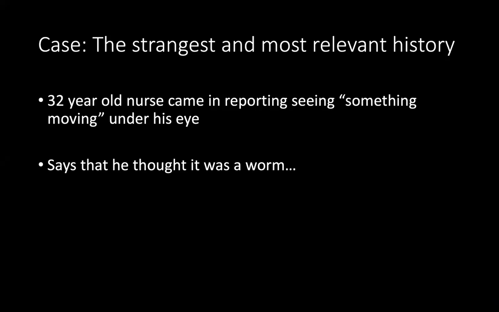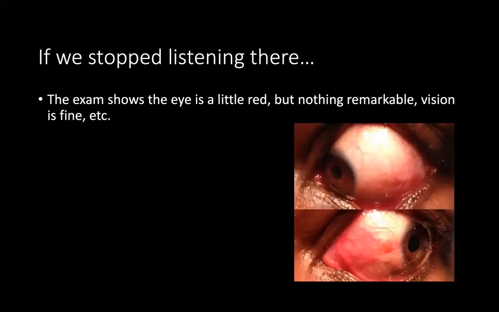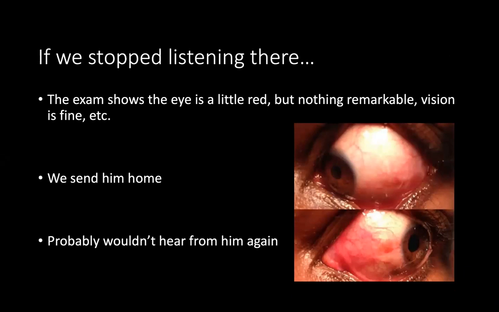He says that he thought it was a worm, okay? That's strange. So if we stopped listening there, the exam shows that the eye is a little red, nothing remarkable, certainly no worm, the vision is fine, et cetera, et cetera. But it is a little strange. We send him home, and we probably wouldn't hear from him again.